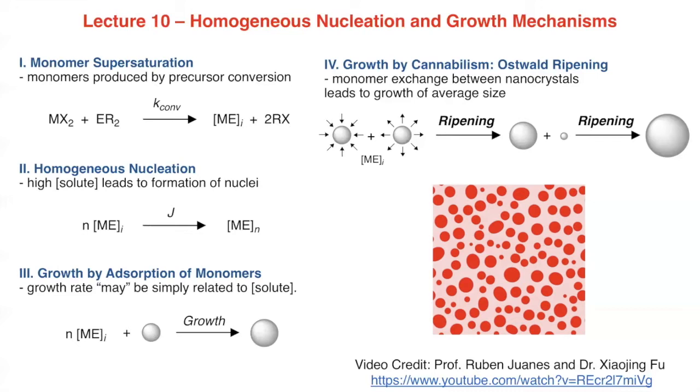And so the reactivity of the chemicals used in the synthesis matters. Once solutes are formed, they will supersaturate. They'll exceed the solubility limit, and a driving force for precipitation will cause them to nucleate.